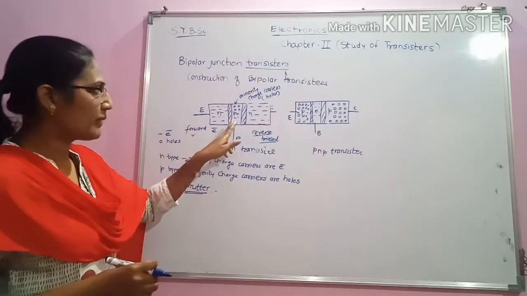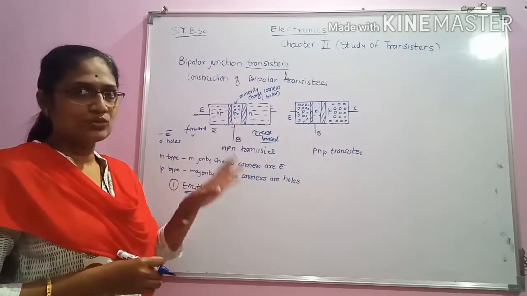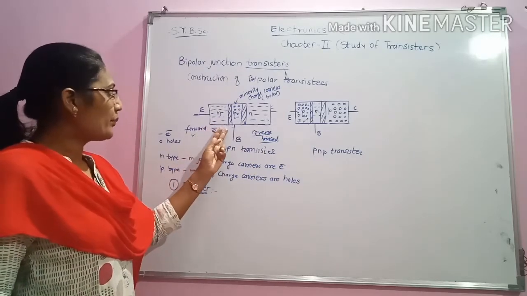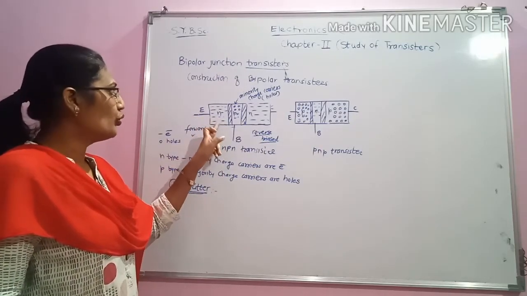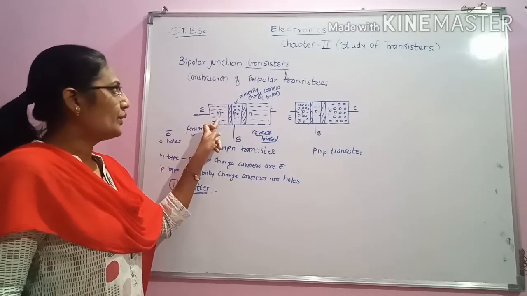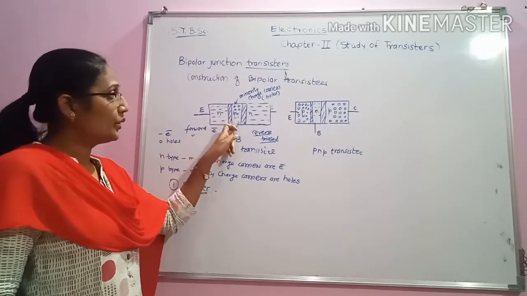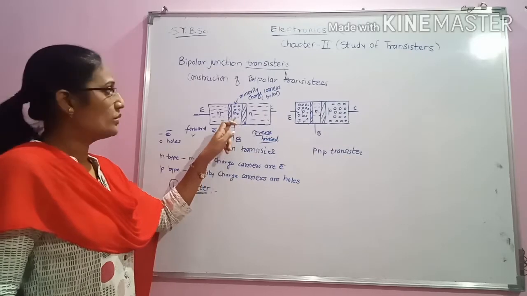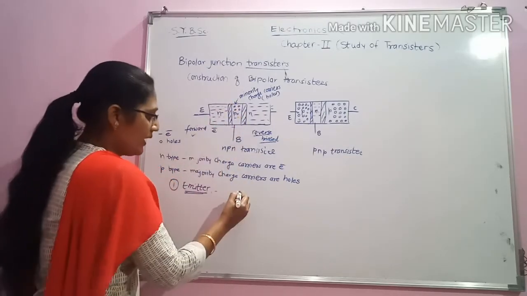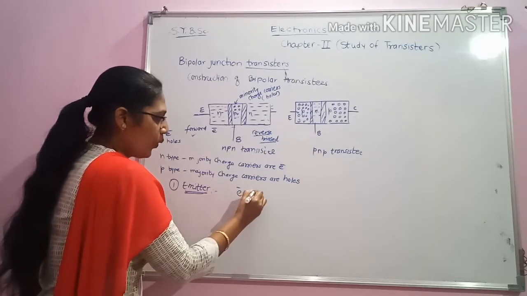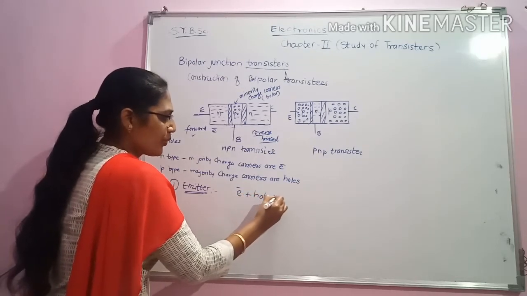Base consists of minority charge carriers, that is holes. That's why, when electrons start to move from the emitter to the holes in the base, what will happen? There will be the electron and hole recombination process.